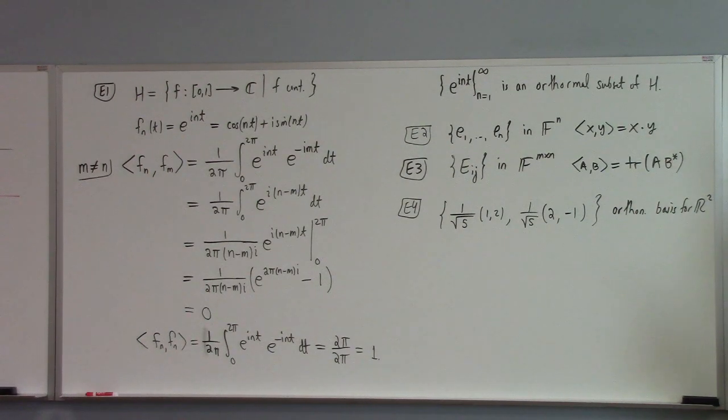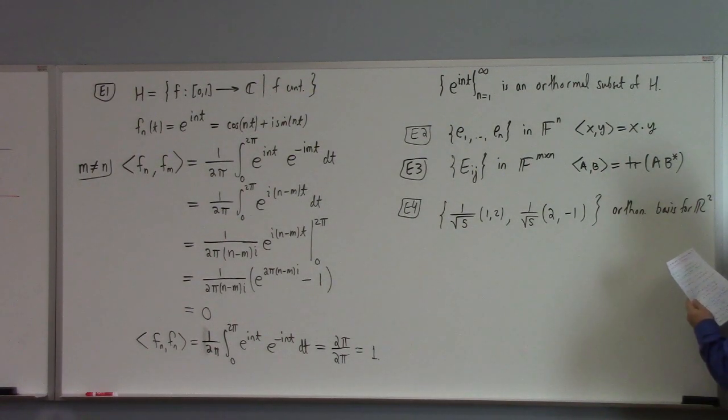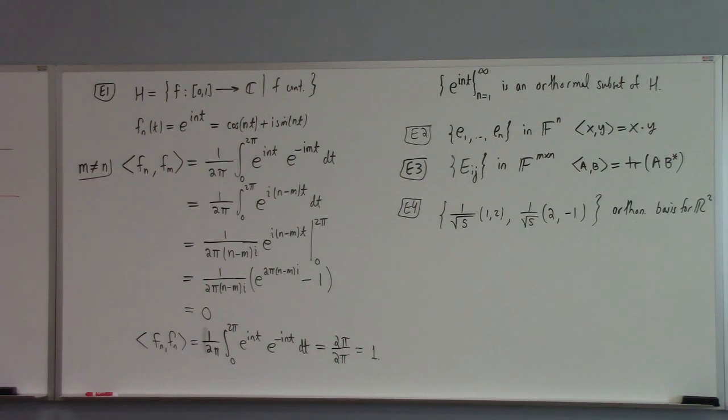Okay, so theorem. Let V, comma, inner product, be an inner product space and S an orthogonal subset of V consisting of non-zero vectors.